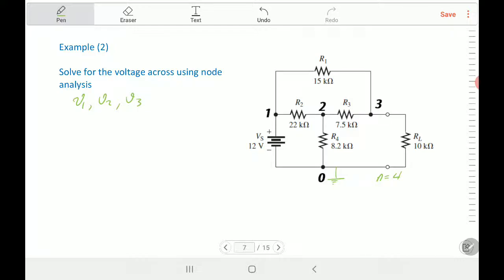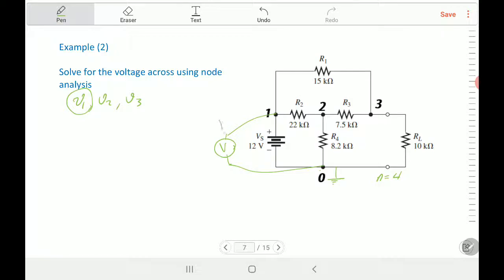But this is the difference. When you have a voltage source connected to the node, why would you want to find V1? V1 is already known. Why? Because if you connect node 1 to the ground and you put a voltmeter, the voltage between 1 and 0 at node 1 is the same as the battery.